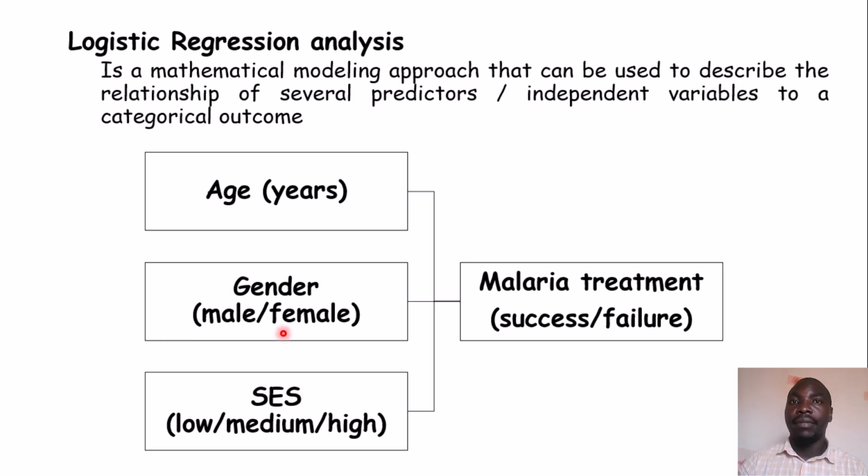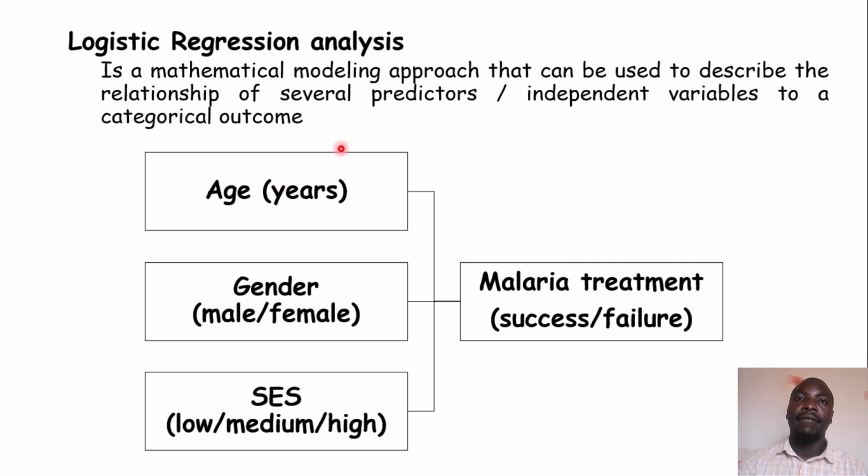Alternatively, someone can put it the other way, that I want to determine the factors associated with malaria treatment. So, these are the independent variables or the predictor variables, and this is your outcome, malaria treatment.